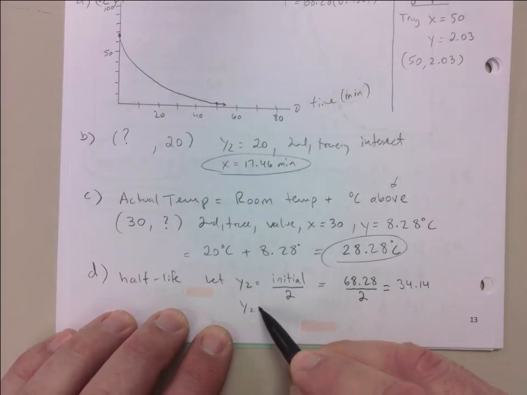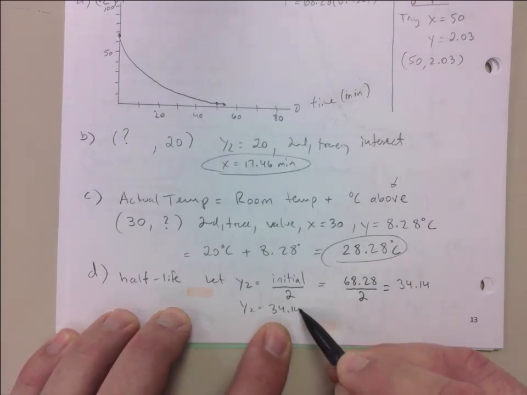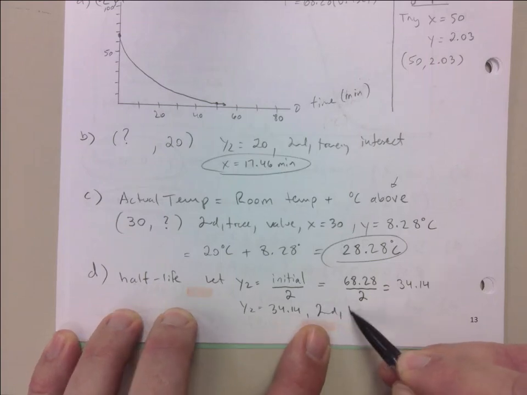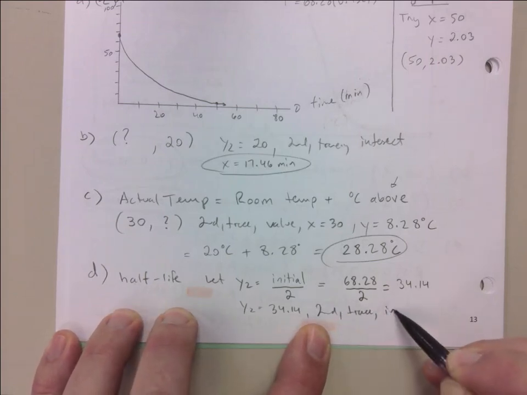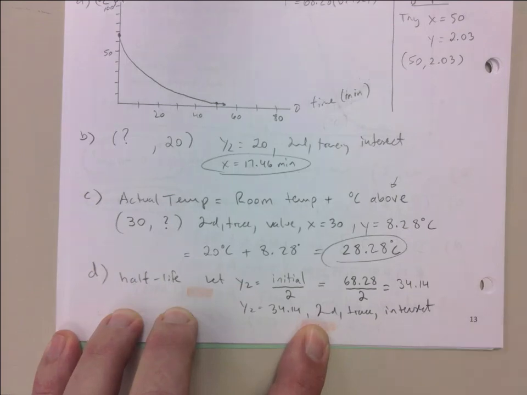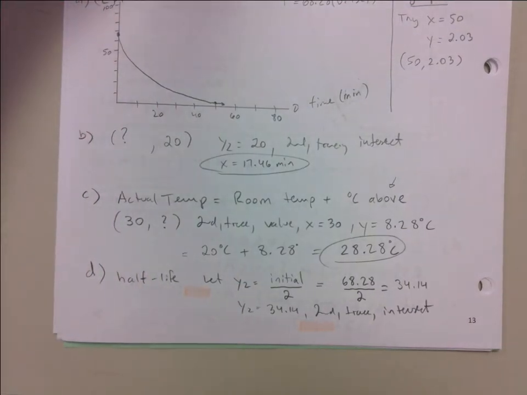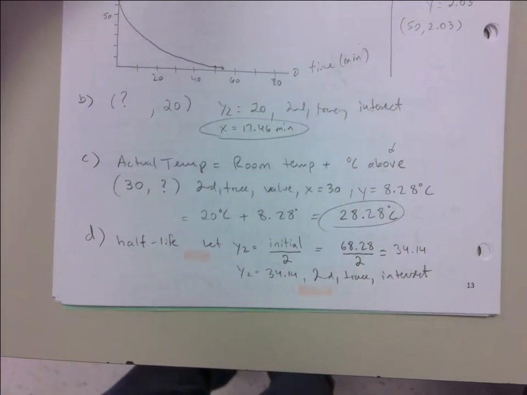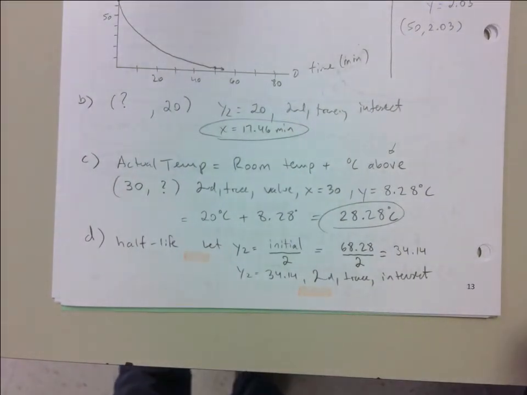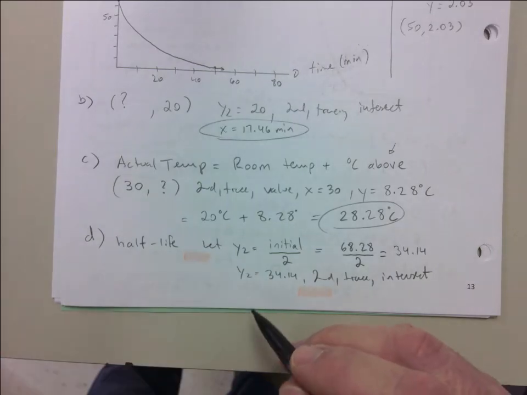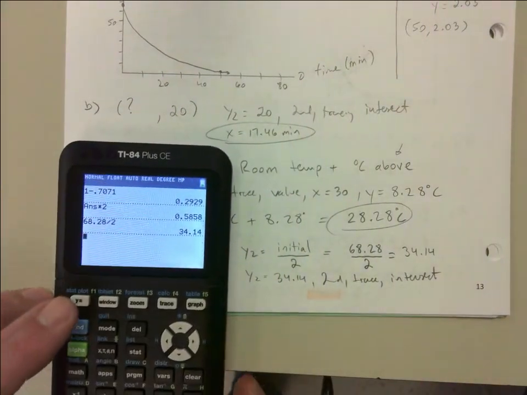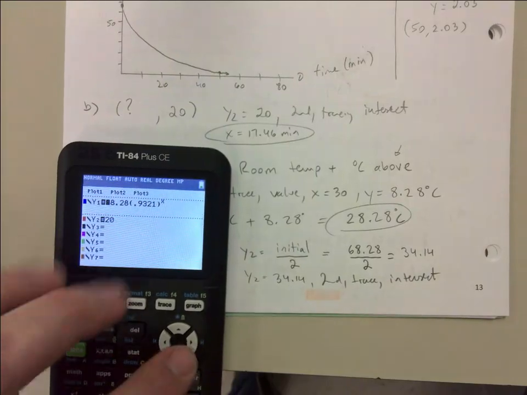So y2 is 34.14, second trace intersect. This is always going to be a second trace intersect scenario when you do doubling time and half-life. So let's go ahead and do this. You should follow if you can.